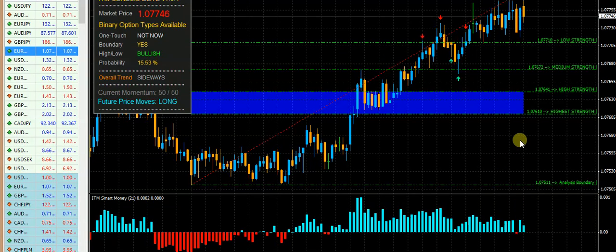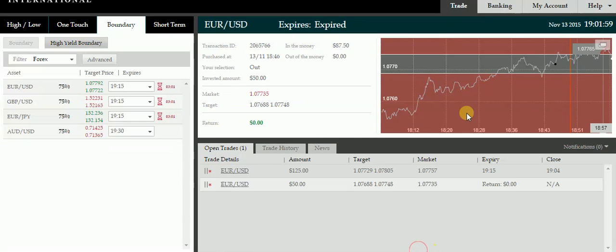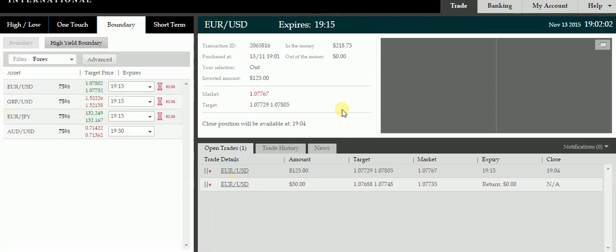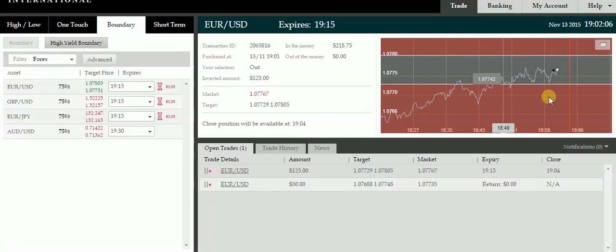So it is a very high probability for this trade to finish out of this boundary. That was the last trade that we took. So we are predicting that the price is going to exit this boundary at 7:15. So we'll just pause the video and we'll come back to you at 7:15 to show you how this trade pans out.